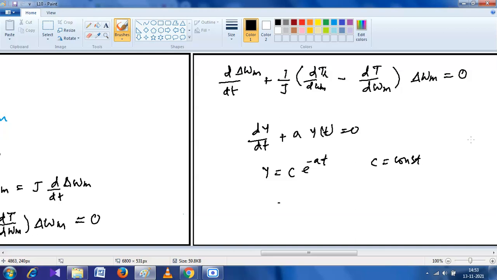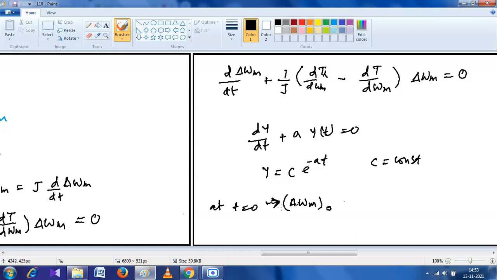So from the above speed equation, consider at the time t is equal to 0 the initial value, say delta omega m 0. At time t0, the value of delta omega m is equal to delta omega m 0.